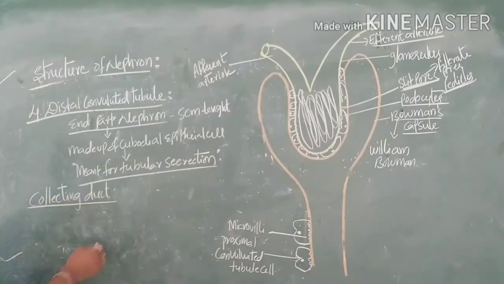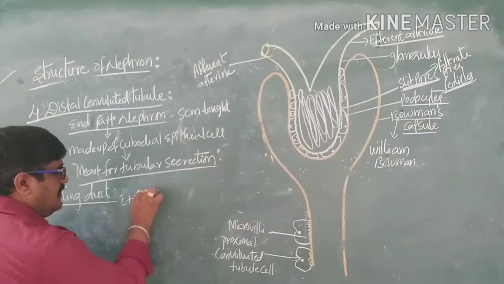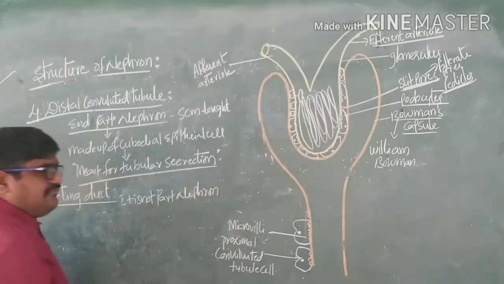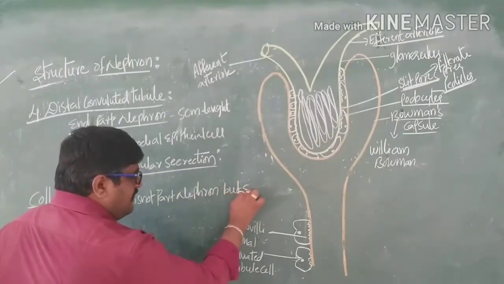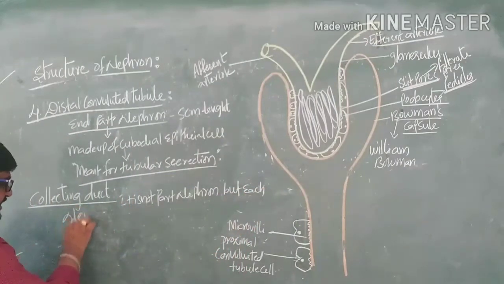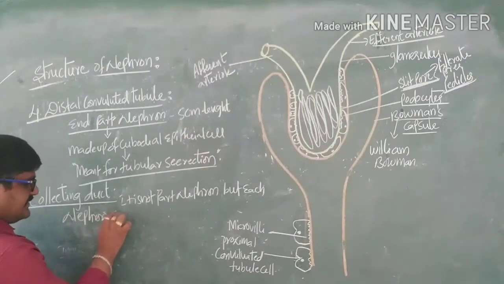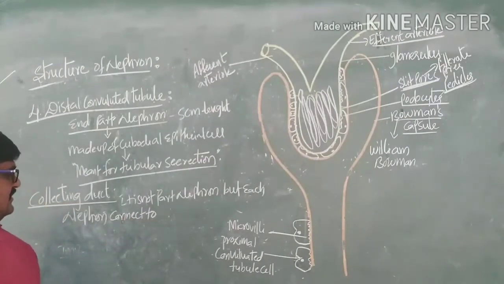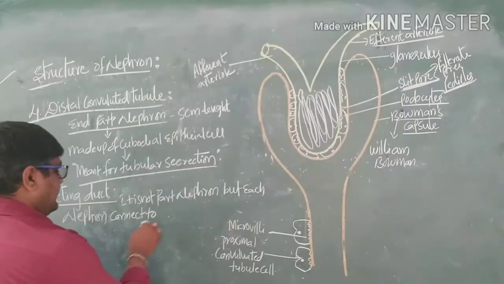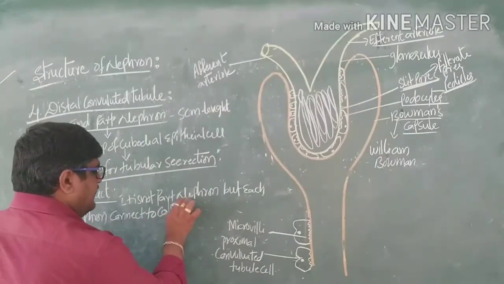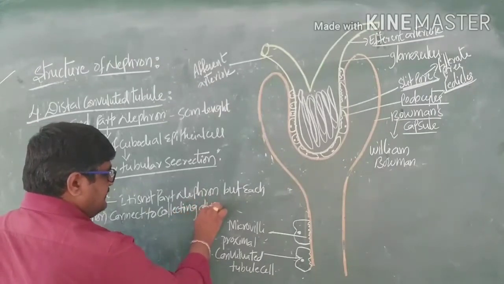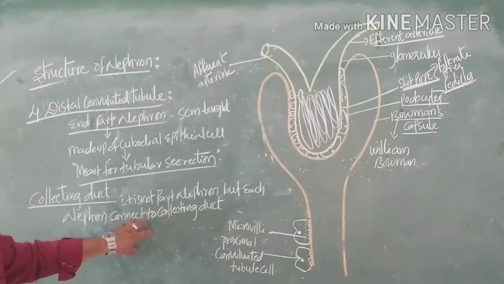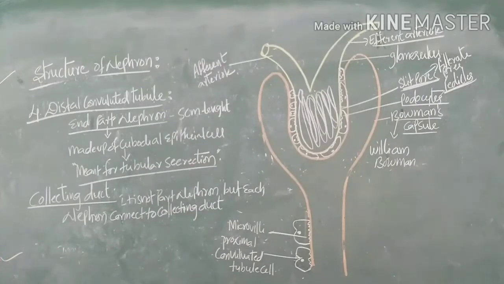It is not part of the nephron, but each nephron is connected to the collecting duct, which helps in excretion of the waste materials.